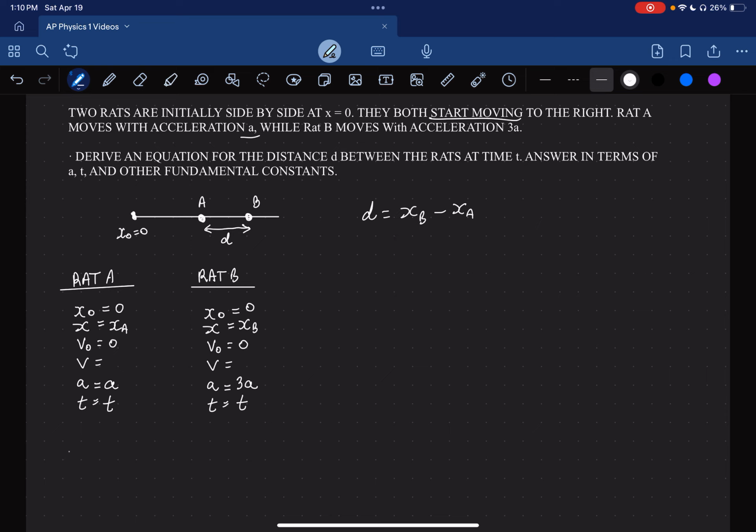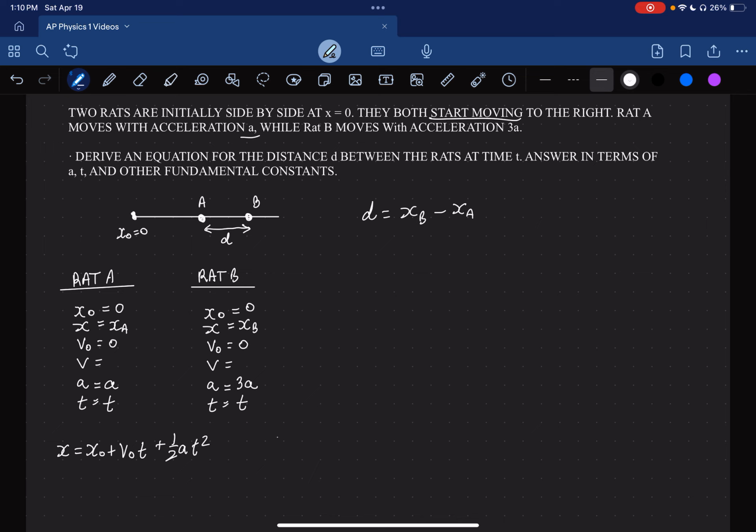So let's do that. Can we take this list of quantities that we know, it's numberless, and make an equation for XA? We do. We know that the second equation is a convenient one to use.